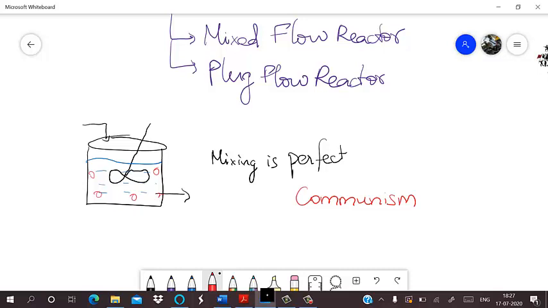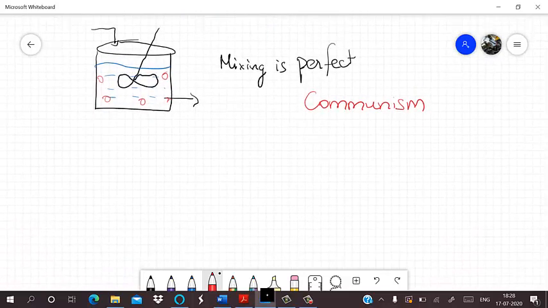I don't want to get into the details, but with ideal communism, which doesn't exist in reality, just like the ideal mixed flow reactor, we have an equal share of concentration. There is an equality, in a very vague sense. You can take this analogy and proceed to the next stage, which is the plug flow reactor.